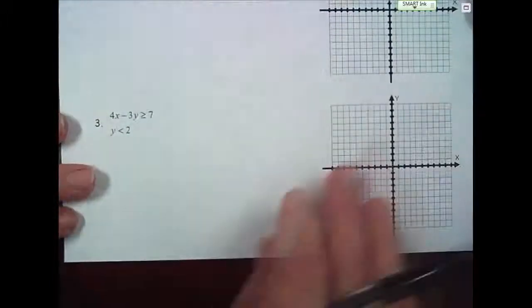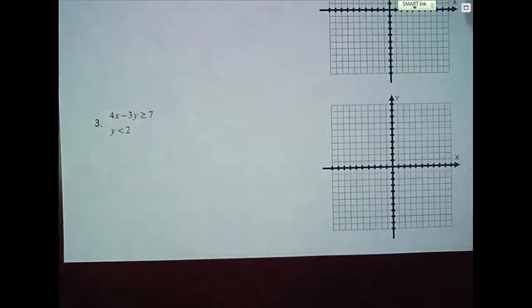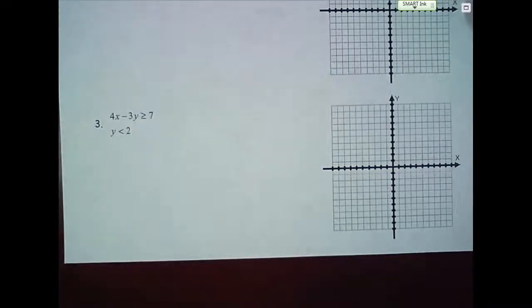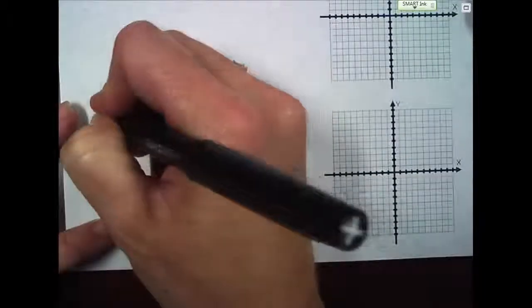Okay, skip number 2 and move to 3. Oh, it's not number 2. For you guys, it's 6. Thank you. Skip 6, move to 7. Sorry, my paper is printed a little different. This is line 1.